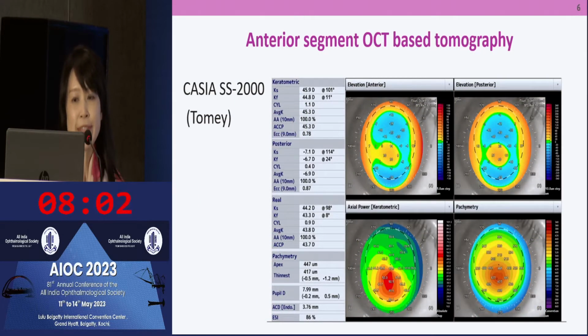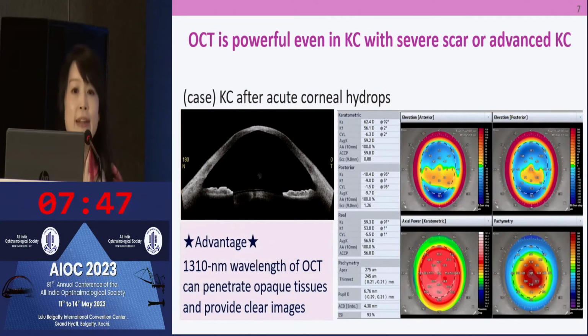Swept source OCT has been introduced recently. I believe many people are already using it, and it has higher speed and higher sensitivity. Especially anterior segment OCT is powerful even when the keratoconus has severe scarring or haze, or if the keratoconus is advanced. It can image both anterior and posterior surfaces clearly.